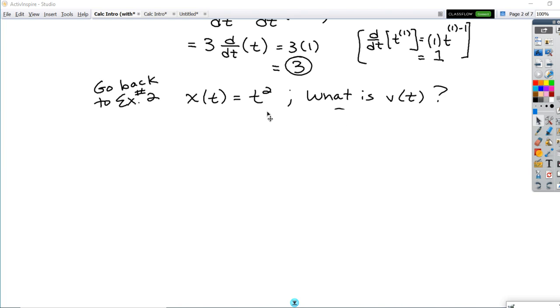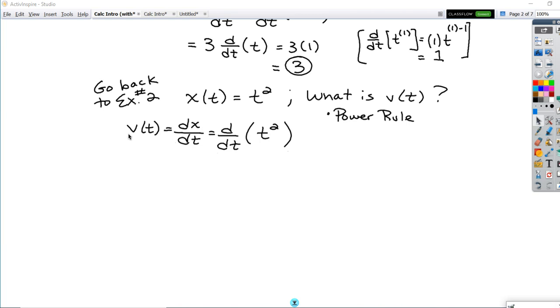How do we use calculus and our derivative rules to determine that? Well, the only rule that seems necessary here is the power rule. So we only have t to a power. There's no coefficient. There's no multiple terms. So we can get away with finding the derivative of this by just simply using the power rule.